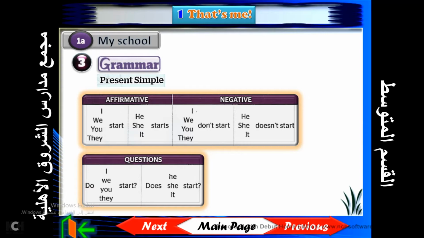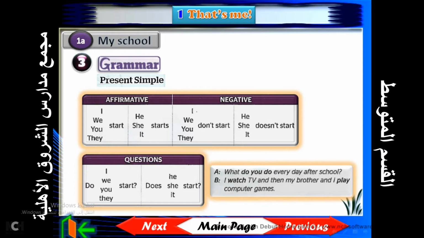We don't add anything to the verb itself. Okay? If we have he, she, it, we usually add s or es or ies according to the end of the verb.